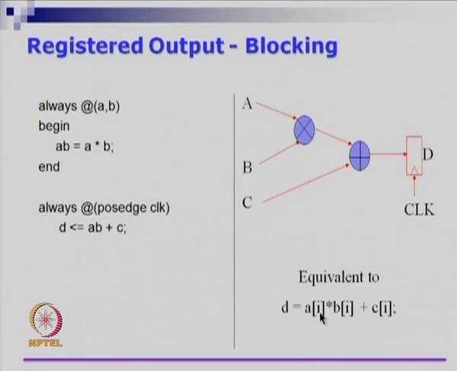So at time I, whatever A, B and C, if they are all kept stable, then it takes those inputs A and B, multiplies, adds it with C, and that will go as input of this flip flop here. And in the next cycle, when the next clock pulse comes in, it will go into the register. So the hardware inferred is essentially this.